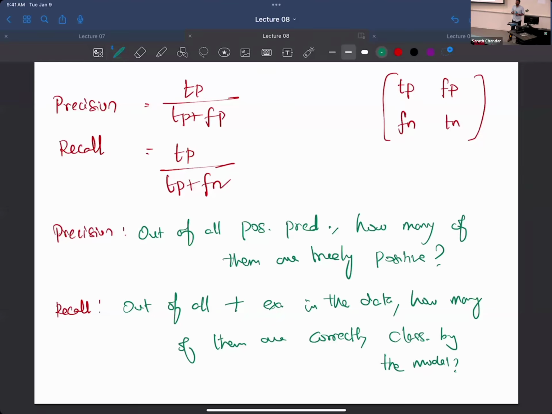So when is being precise more important? Any examples? Yeah, I guess it'll be a situation where when you predict something is positive, it really has to be positive.